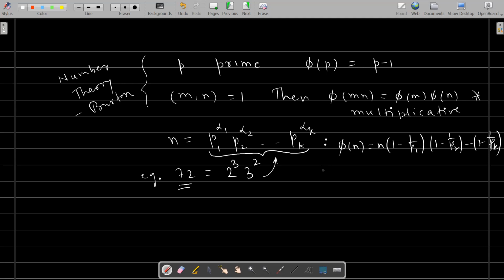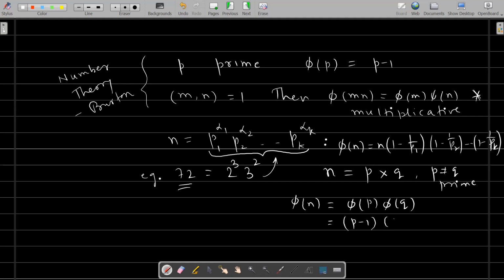What we need is just this one. Suppose n is a product of two distinct primes, pq, where p and q are distinct prime numbers. Then what will be phi of n? By this formula, it's phi p into phi q, and that is p minus 1 into q minus 1.